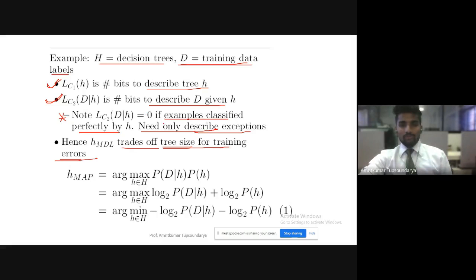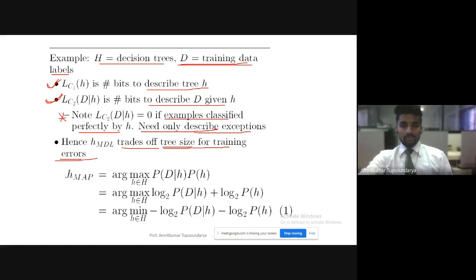So when a training example is correctly classified, perfectly classified by a particular hypothesis, that means there is no error, then we can say that the length is 0. So this is the trade-off that we are doing with the tree size and the training errors.